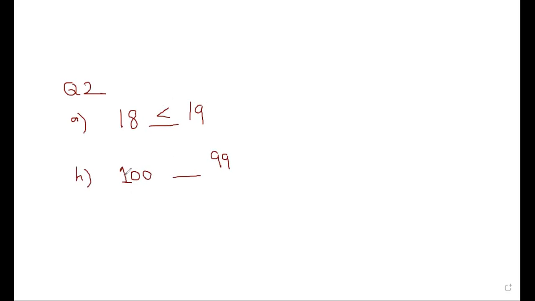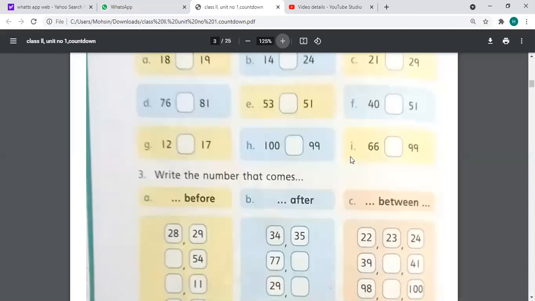So on this side I have 100, and on the other side I have 99. We know 100 is bigger than 99. So the crocodile opens his face towards 100. Now come to the book again. You can do these parts like this.